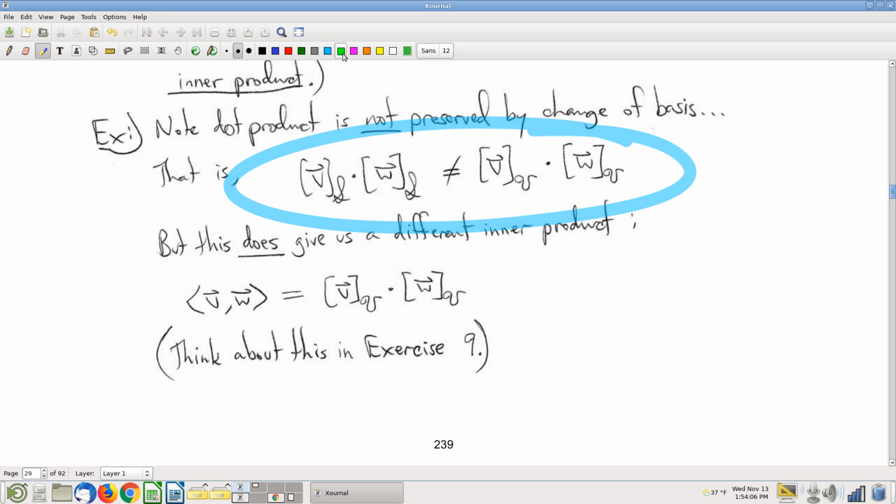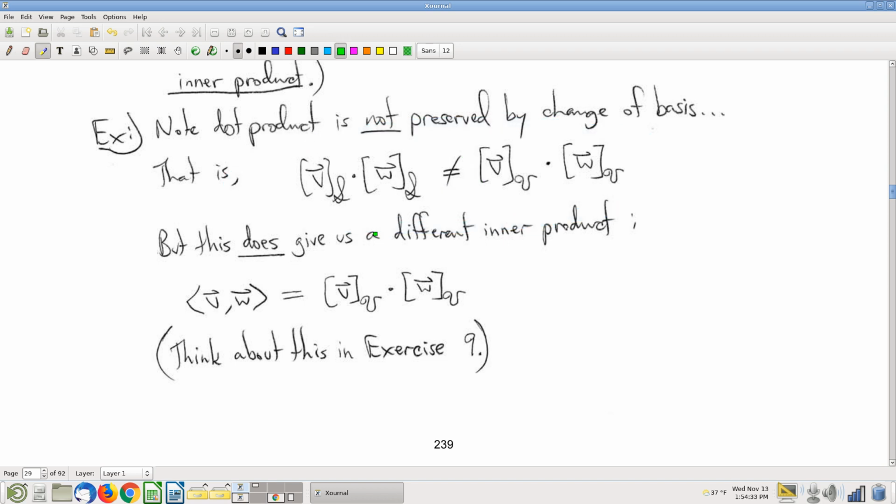If you take a dot product of the standard coordinates of a vector, you get some value. Well, if you look instead at coordinates with respect to another basis, you get totally different coordinates. Of course, you're going to get a different value. Right? And so it's highly expected that this dot product also would be different. So no surprise with these being not equal.